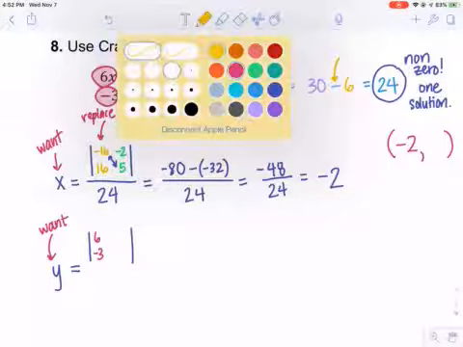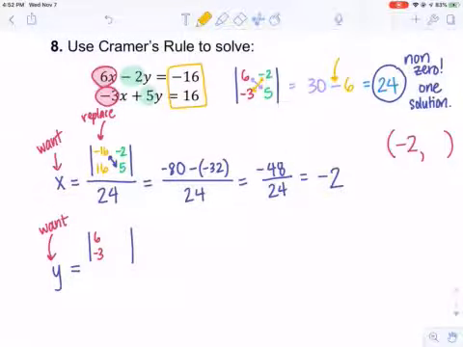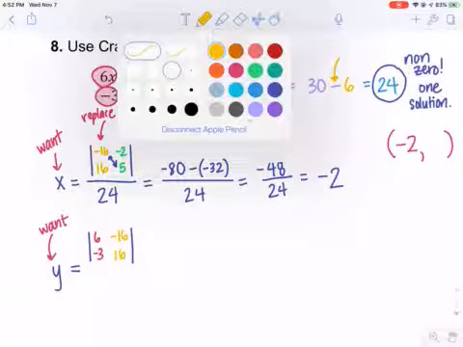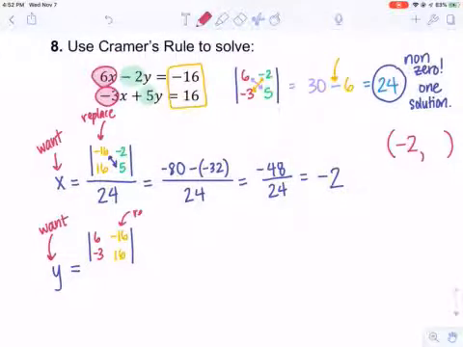And now, instead of writing my y coefficients of -2 and 5, I'm going to use my constant terms, -16 and 16, since I'm replacing my y column with those. All right, and in the denominator, we have our original determinant that we found, 24.